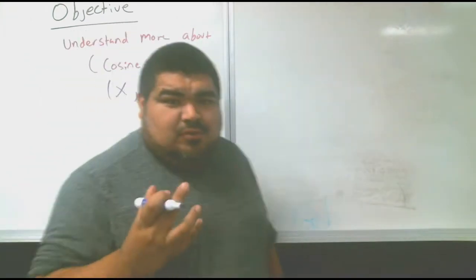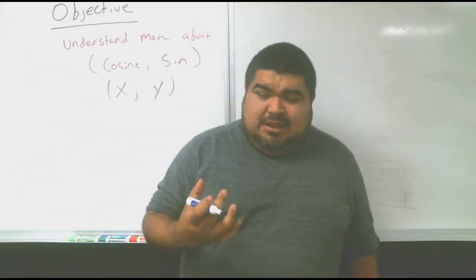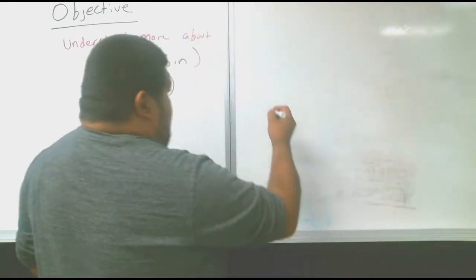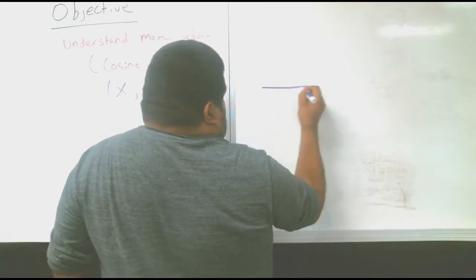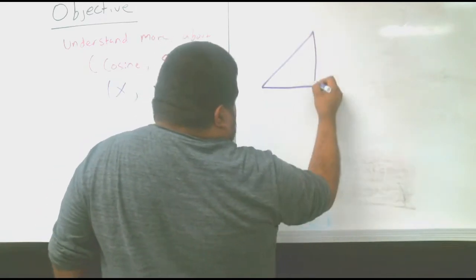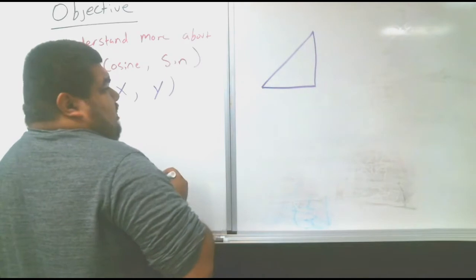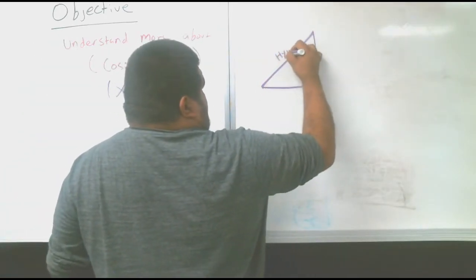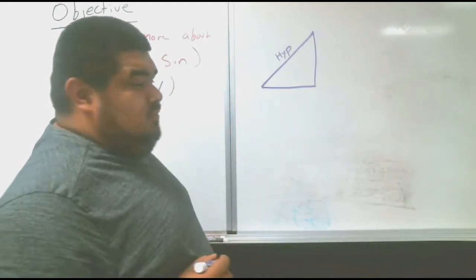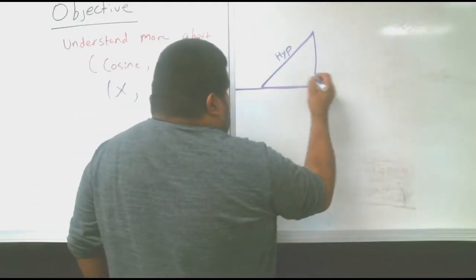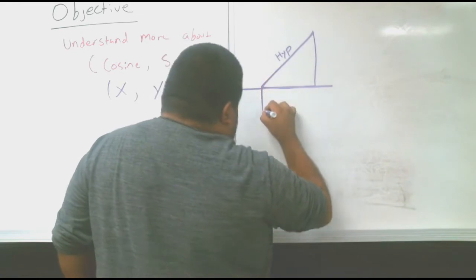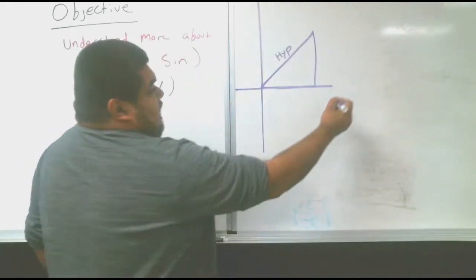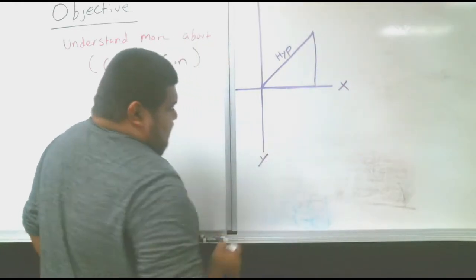Whenever you see the unit circle, and you're dealing with triangles on this unit circle, think of our hypotenuse, this is our x-axis, our y-axis.